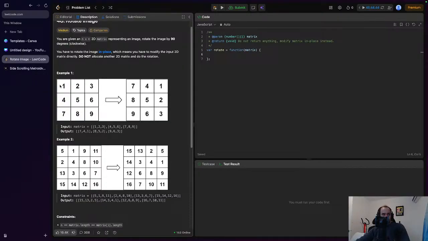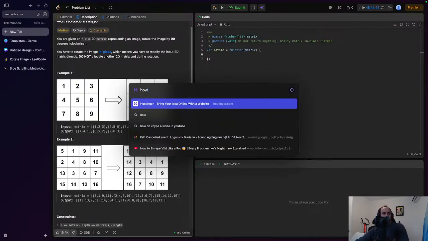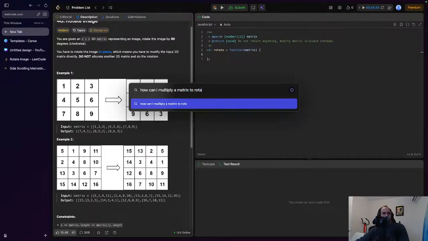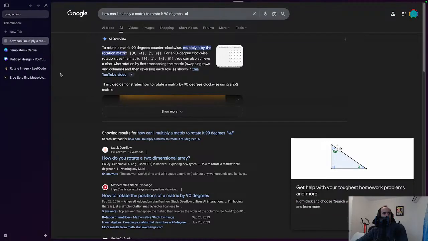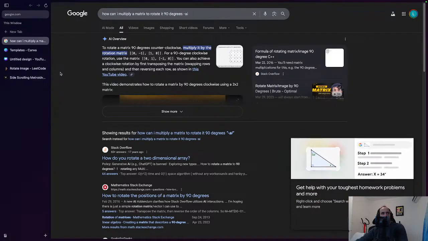Yeah, something tells me that you don't actually just move stuff, you do a multiplication. Needs some kind of a guide.